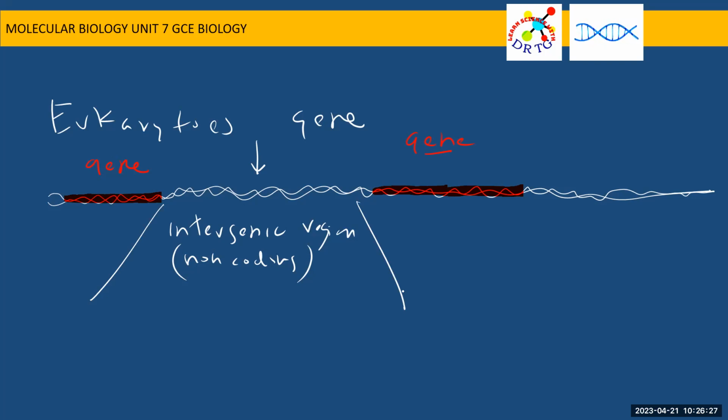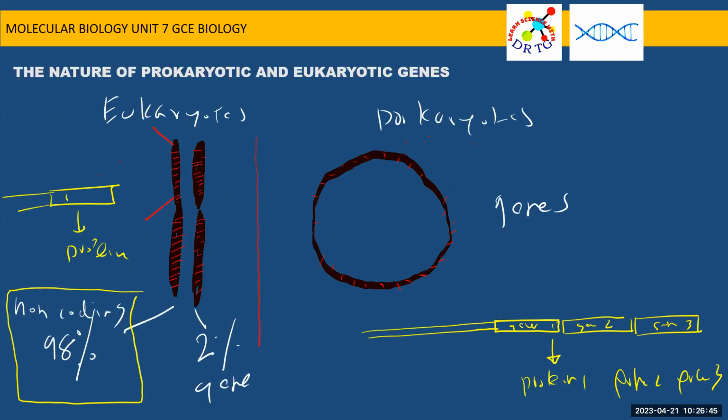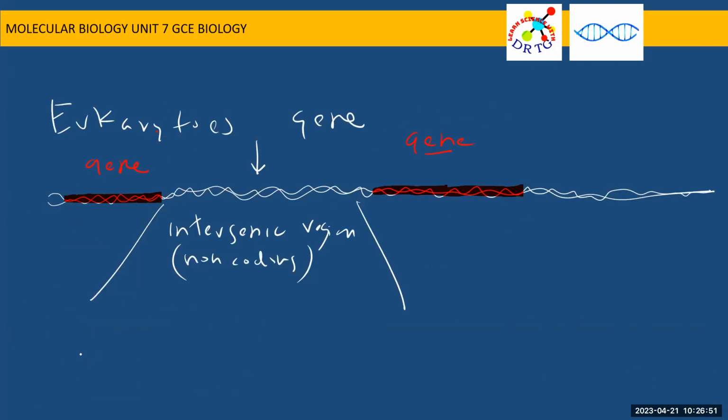Scientists are trying to find all the functions and significance of the intergenic region, because at the moment we know how a gene operates, how it is copied, how it makes proteins, but we don't know much about the intergenic region. As a result, 98% are non-coding region, and we try to understand why they are there.